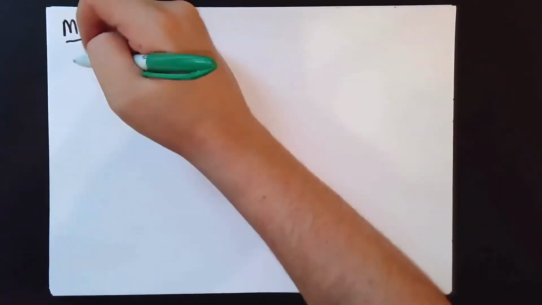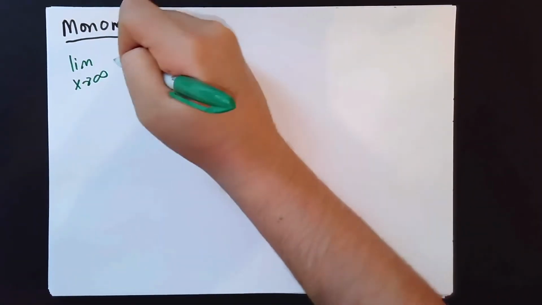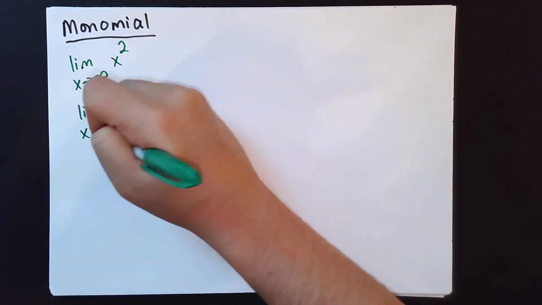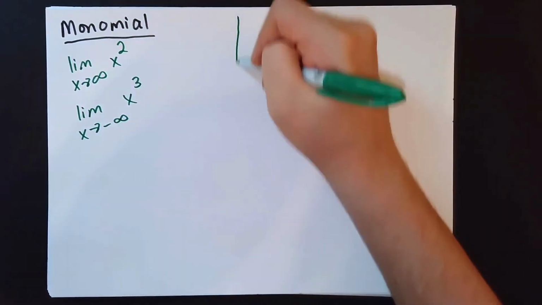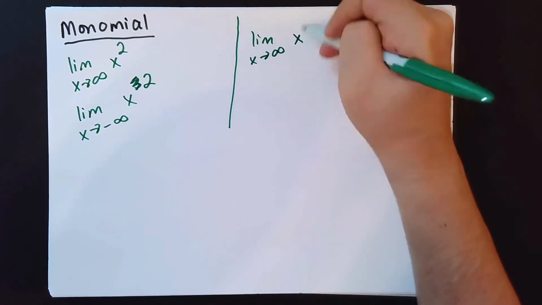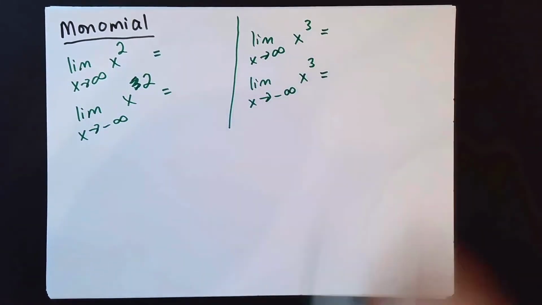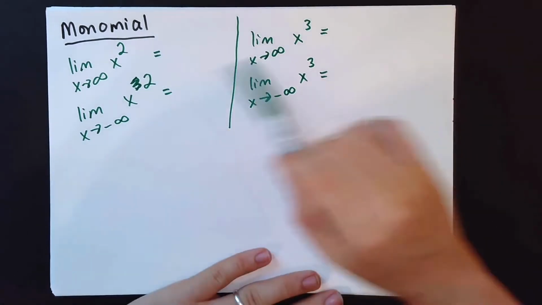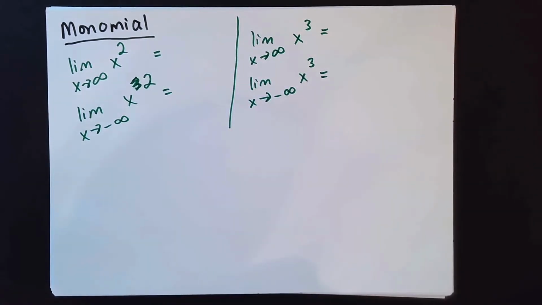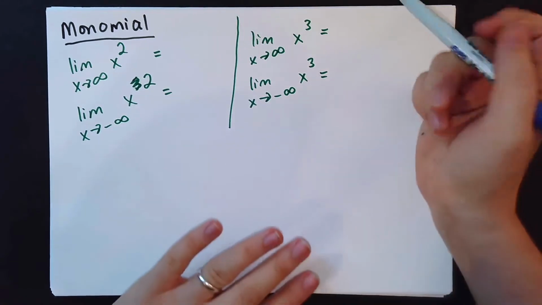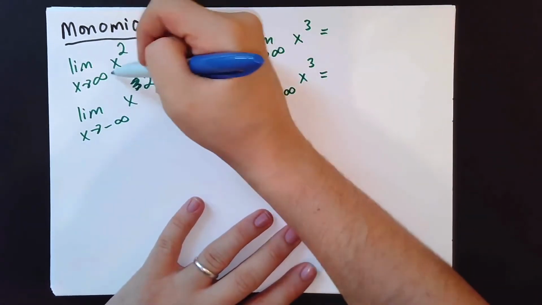So I want to start by looking at what happens to x squared and x cubed. So I want to think about what all of these are. I can think of this in my mind as saying, okay, I'm looking at the function x squared.